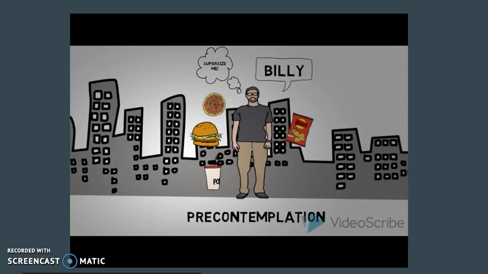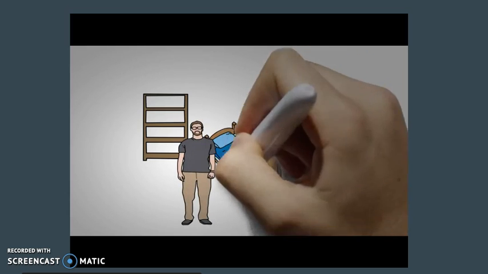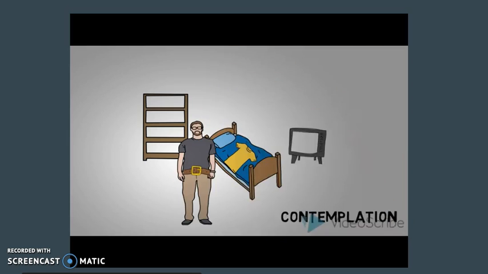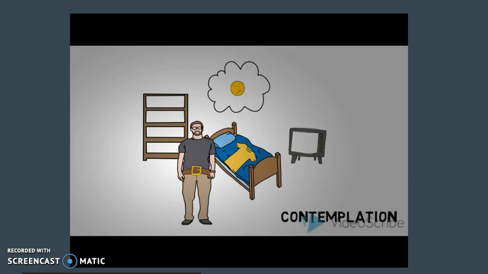He may have heard about the movie Super Size Me and found out that a fast food diet is very unhealthy. Now that he has some small amount of awareness, he has progressed to the contemplation stage, where he begins to look more closely at his behavior. He notices that some of his clothes are not fitting like they used to. The process of change that might affect him now is dramatic relief, where he begins to have anxiety due to his unhealthy behavior.